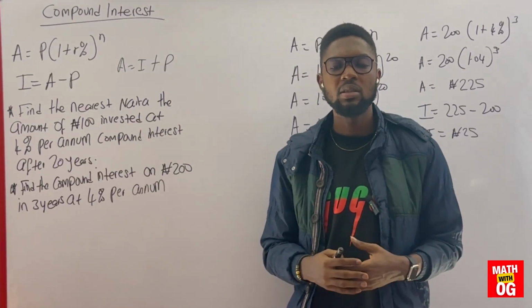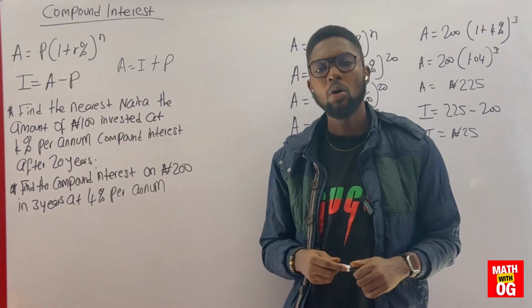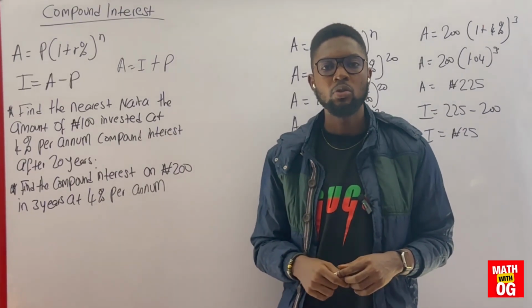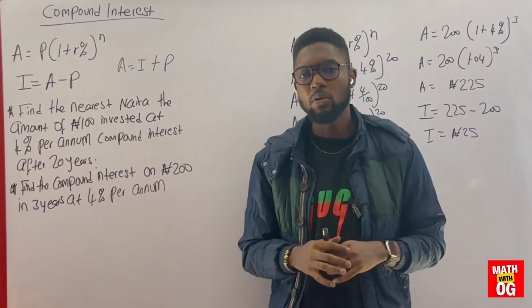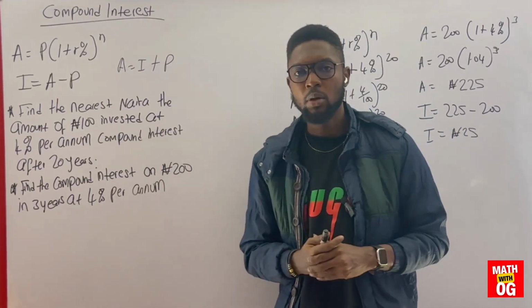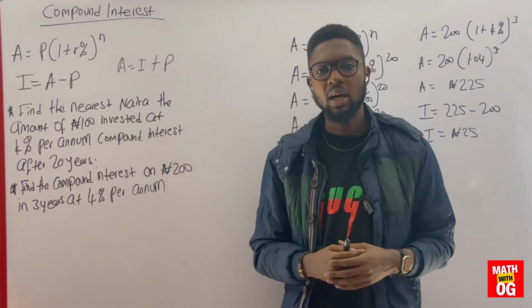I think we also did discount, we did simple interest, and now we've done compound interest. Lest I forget, we did percentage error. So I believe if you've watched all the videos, there will be no question under percentage that should give you problem. In our next video, we'll start a new topic entirely.